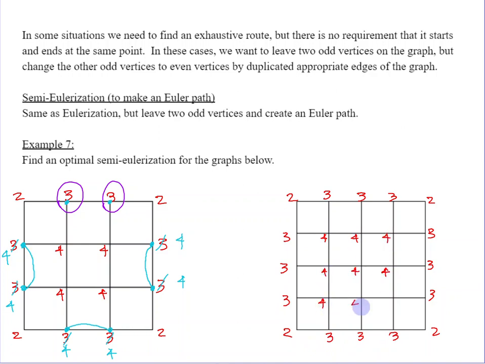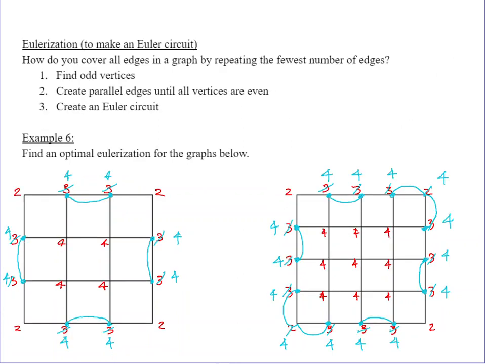Okay, so again, got my odd vertices, and I need to connect them so that I make most of them into even vertices, but leave 2 of them as odd vertices. I'm going to go back to the previous slide and look at how we Eulerized our graph.